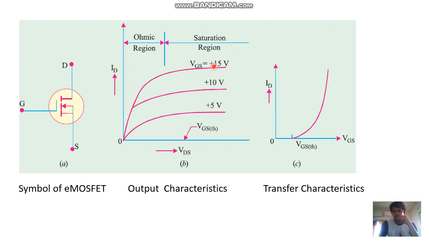For VGS 15 volt, 10 volt, 5 volt. If you apply 15 volt, output current is this much. 10 volt VGS, output current is this much. 5 volt VGS. So this is a field effect. By increasing or reducing the field voltage, you will get different ID currents. That's why it is called a field effect transistor.